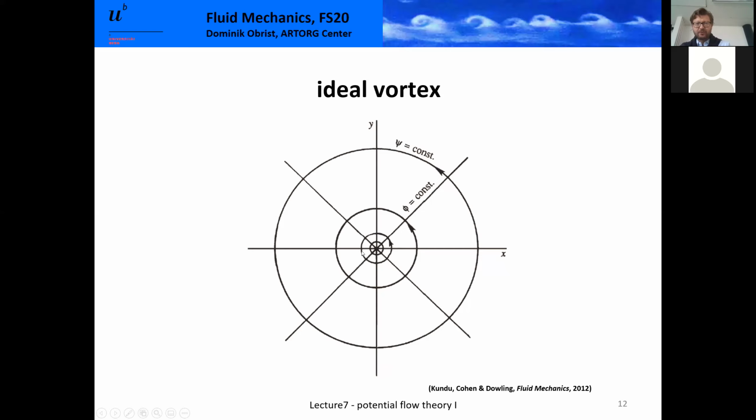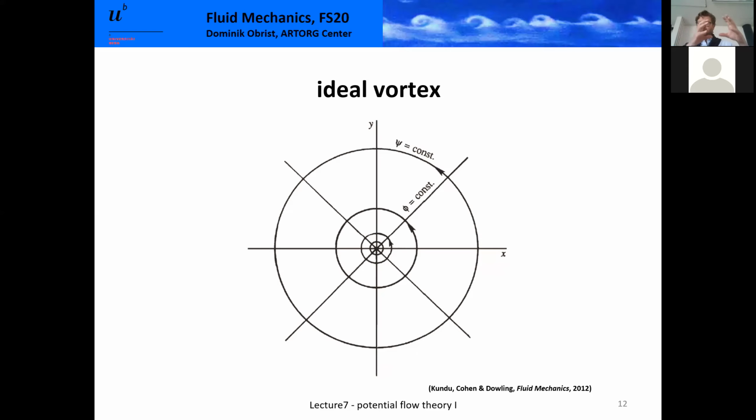I think it's important to understand that and stress it again. When we looked at the streamlines for the vortex, which are circles, and the equipotential lines, which are rays coming out of the center, we asked the question: what happens if we exchange the two roles?